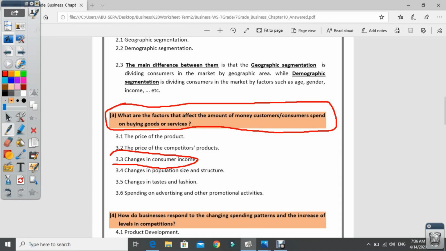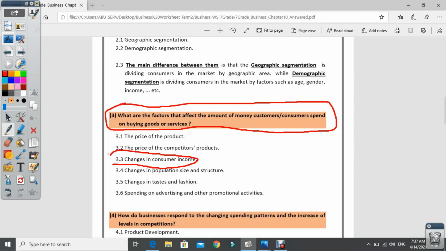When consumers have less money to spend, they will buy what they need for living only. For example, water, food, shelter. They will spend less money on goods which might be considered a luxury. For example, takeaway meals or mobile cell phones or holidays and so on.